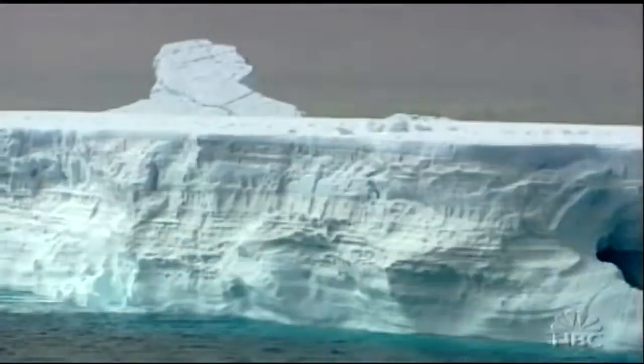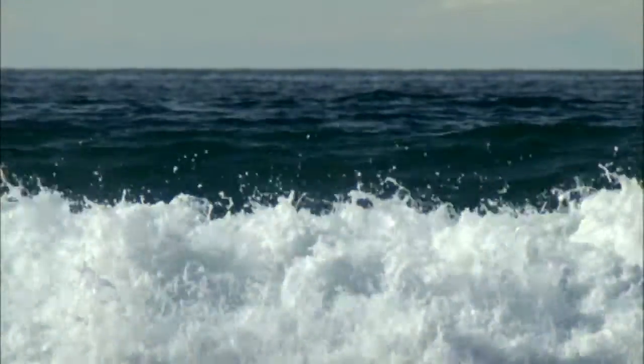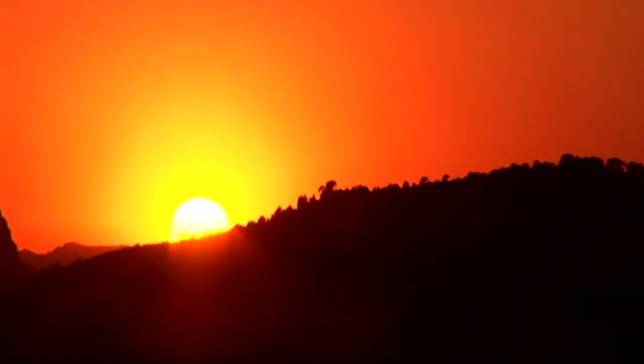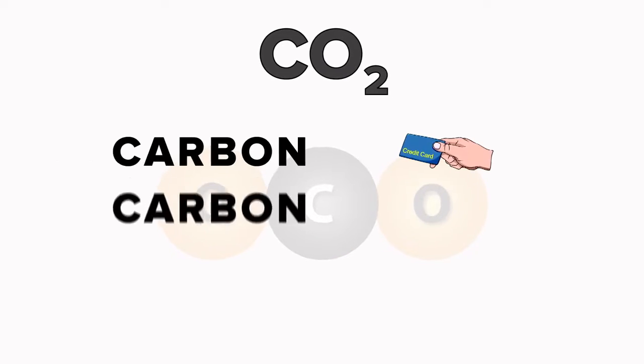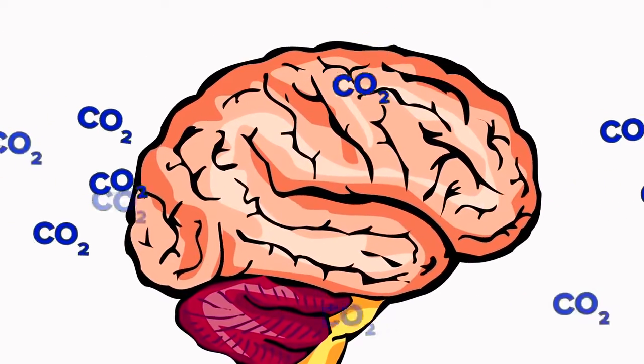But adding too many layers of CO2 can have the opposite effect, trap too much heat, enough to melt ice caps, raise ocean levels, raise ocean and air temperatures, contribute to global warming. There's much more to know about CO2 and carbon credits, carbon footprints, and carbon capture. Maybe think of this video as carbon capture of another kind.